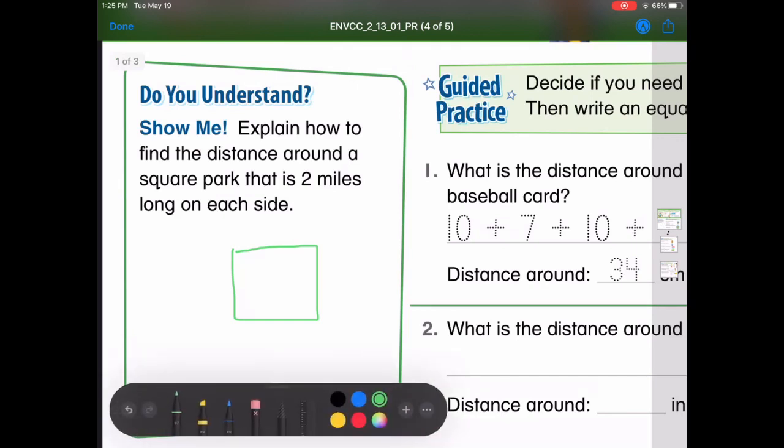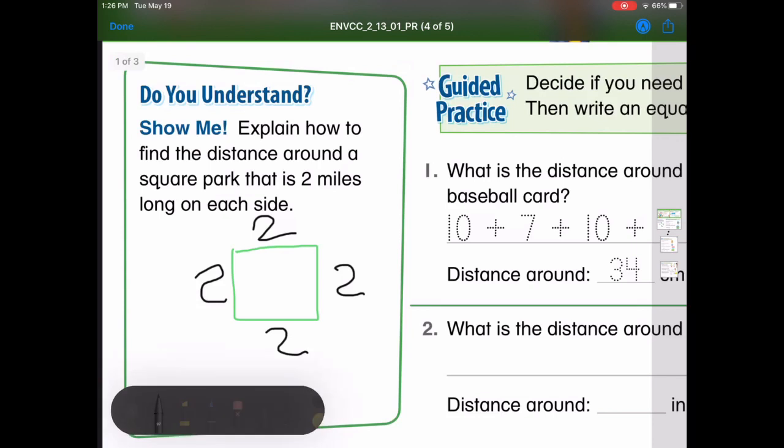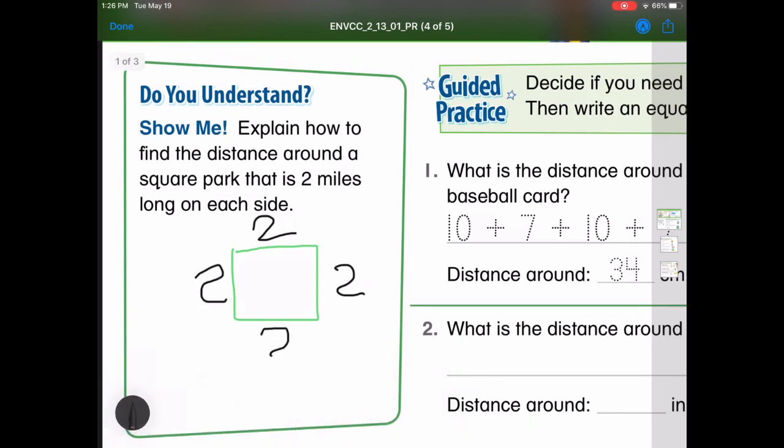Okay, and we know that one side of it is 2 miles. And the other side is 2 miles, the other side is 2 miles, and the other side is 2 miles. How would you find the distance around this park?